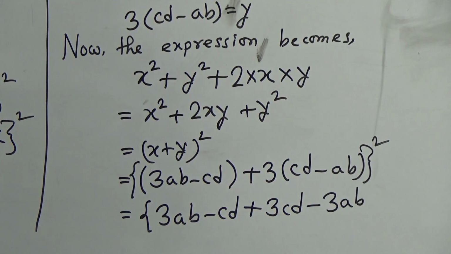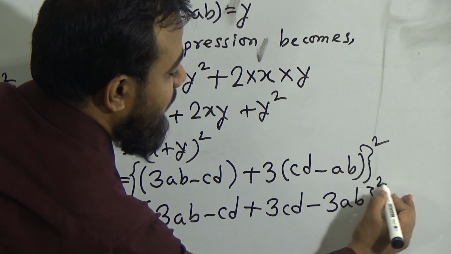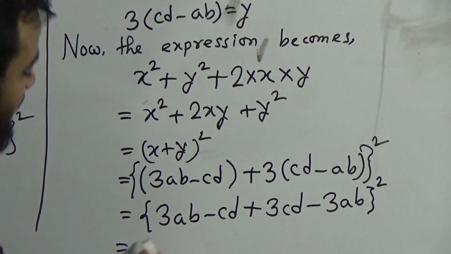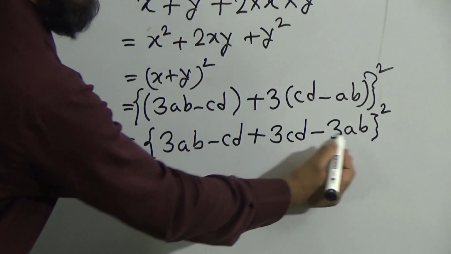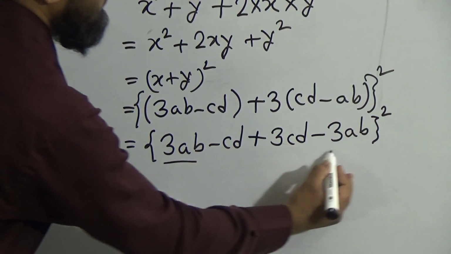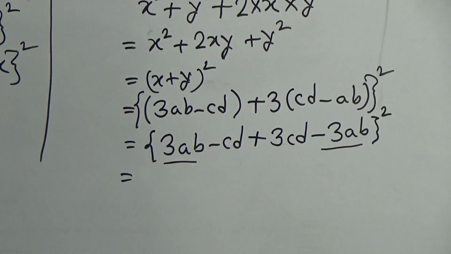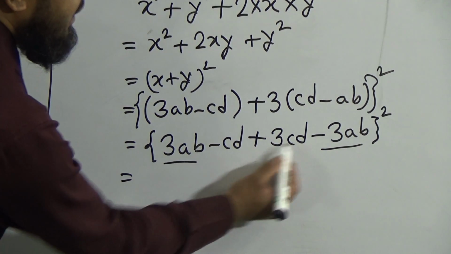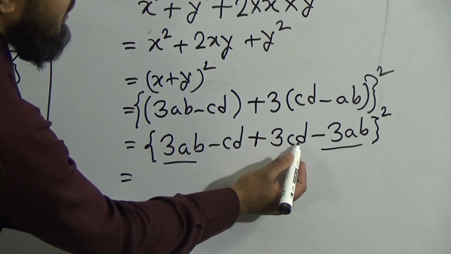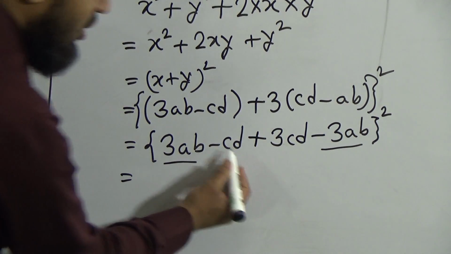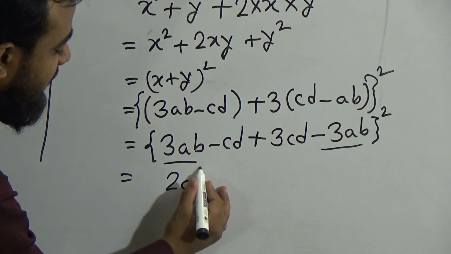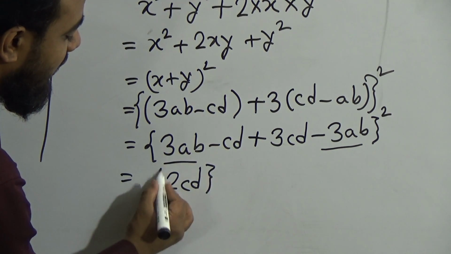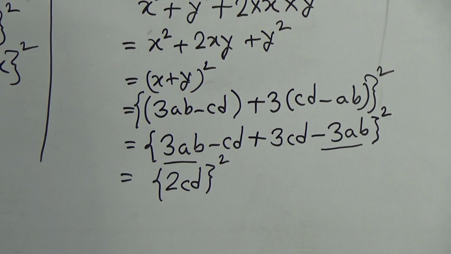Now dear students, we will get how much? We have the second bracket and we have the square also. Now it's thrice AB and minus thrice AB, which will be omitted, and we have thrice CD minus CD. From thrice CD, if we subtract CD, we will get 2CD, and we have the square on the top of this bracket.